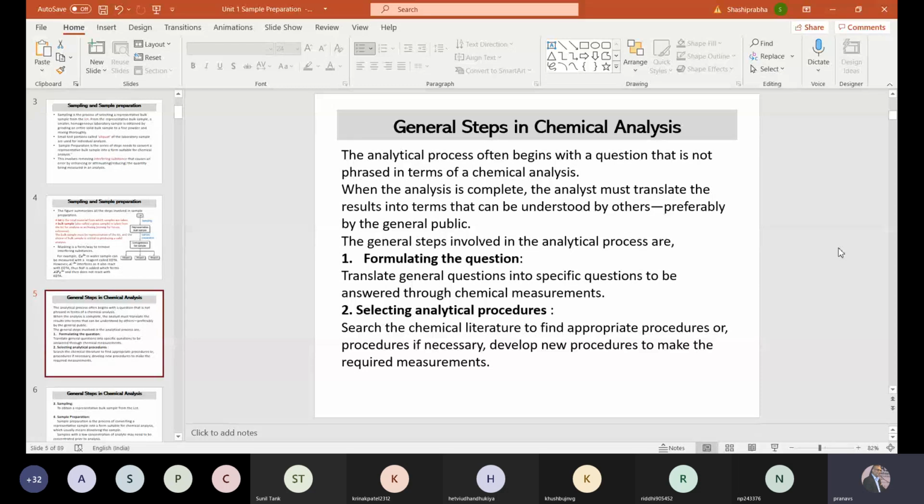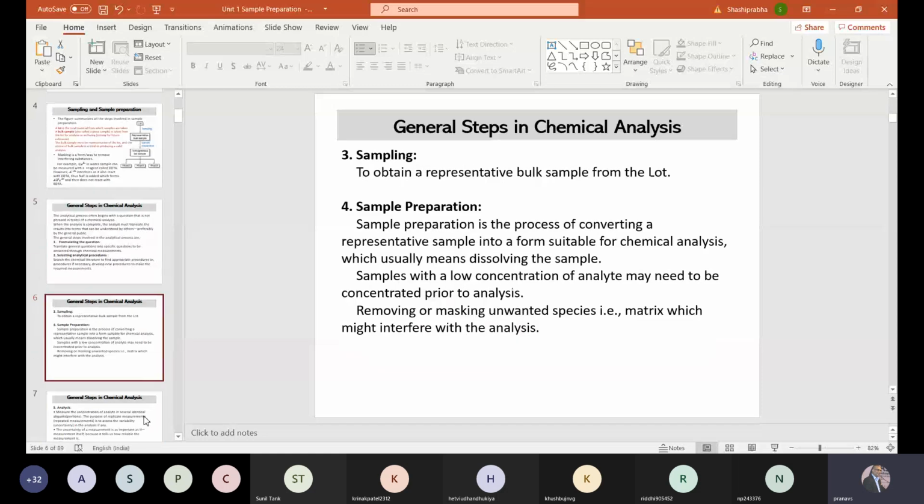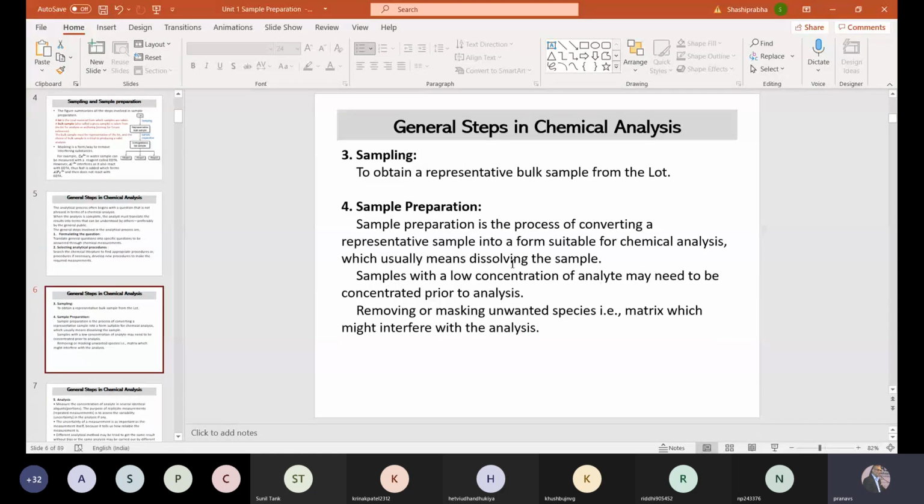So you will always think of a suitable procedure available in literature, or of course you are free to modify that procedure based on your experience and knowledge so that it becomes more suitable for the sample at hand. The third thing is, again, as I said, sampling and sample preparation.